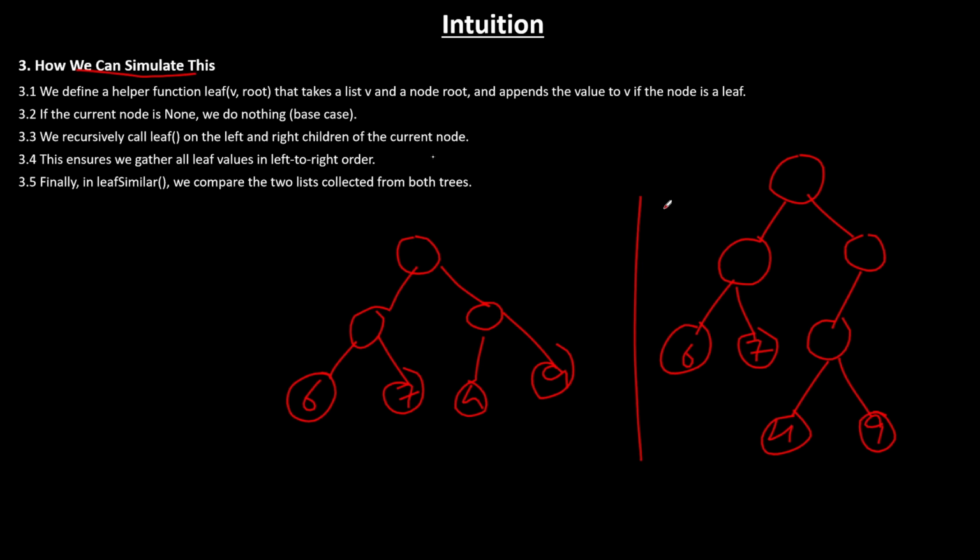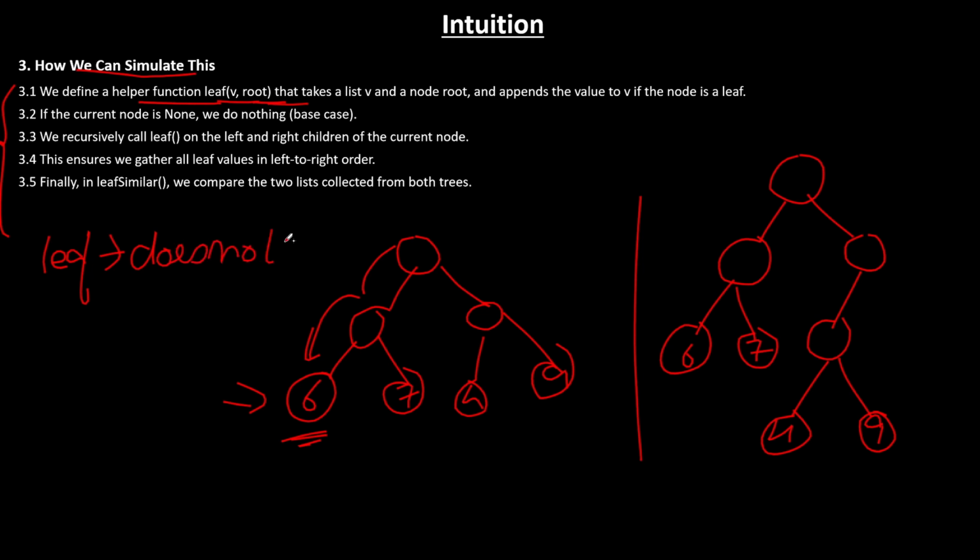Now let's try to look at it. We will define a helper function to check for the particular things. So when we are traversing, we iterate from the left: root, left, left, and then we encounter a node here, right? Now how will we figure out whether it is a leaf node or not? What is the definition of a leaf node? A leaf node does not have left and right nodes.